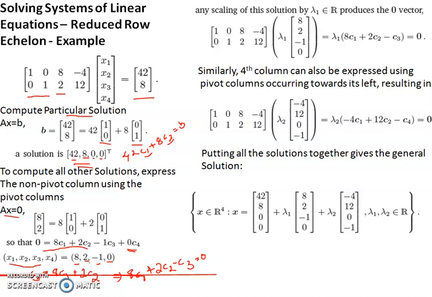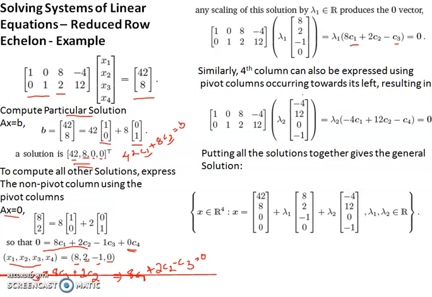So this is the vector that will be formed, and scaling of this vector produces another solution for the linear equation Ax is equal to 0. How? Lambda times 8 C1, where C1 indicates the column vector, plus 2 C2 minus C3 is equal to 0. This is the way in which scaling of the particular solution obtained produces the 0 vector.